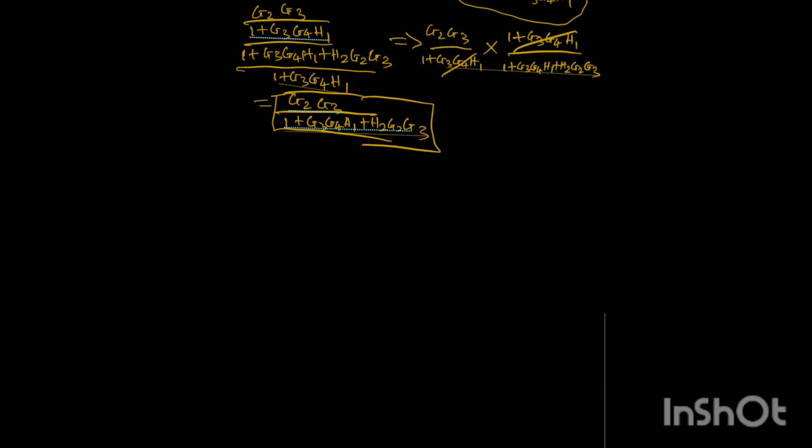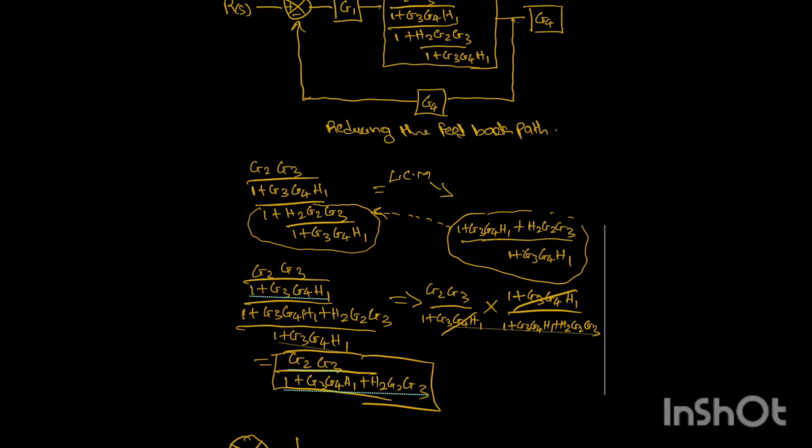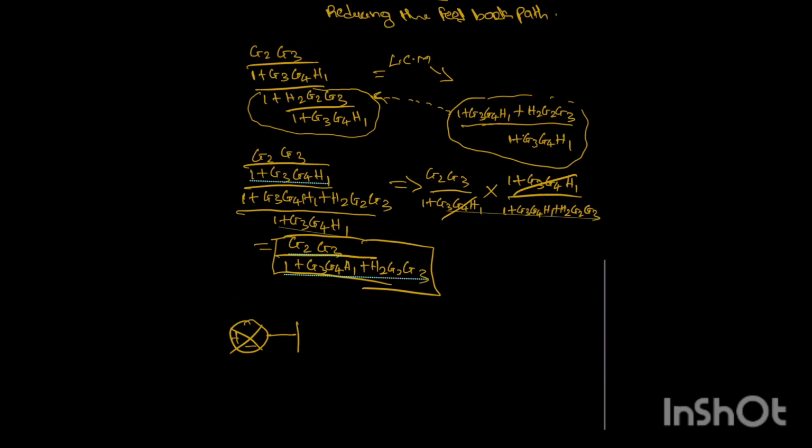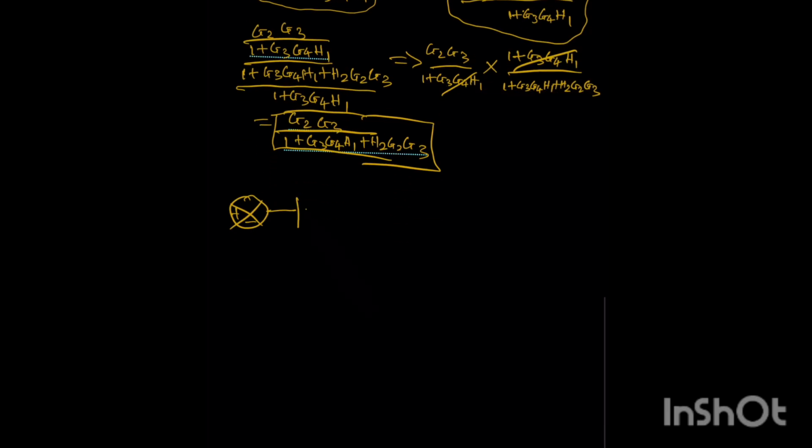So we proceed further. We are going to put it like this. So we say plus minus. So we have G1, and we have this number, G2, G3.